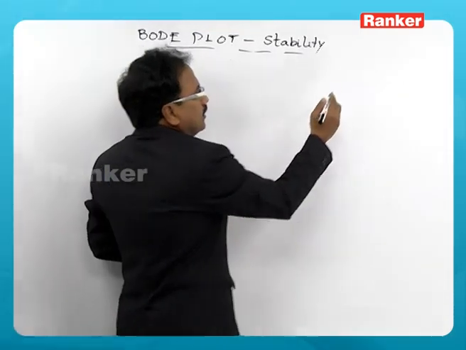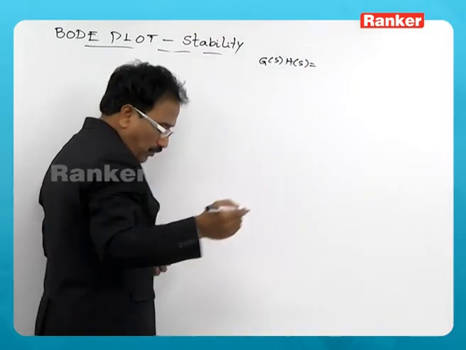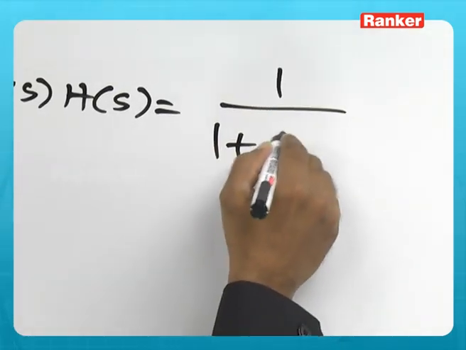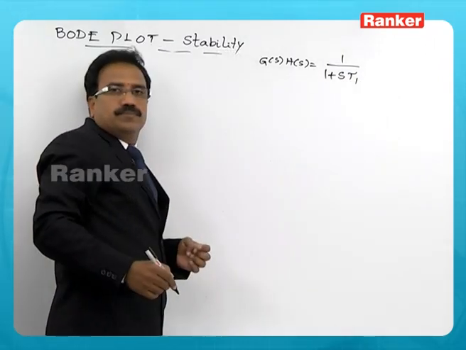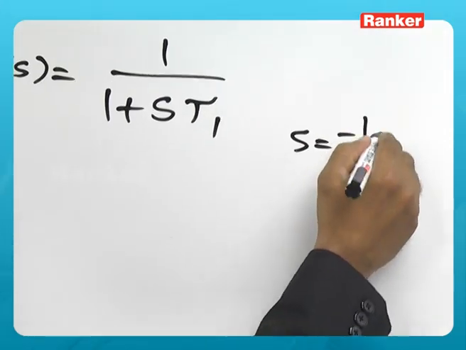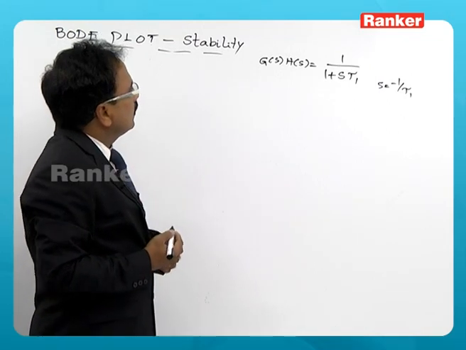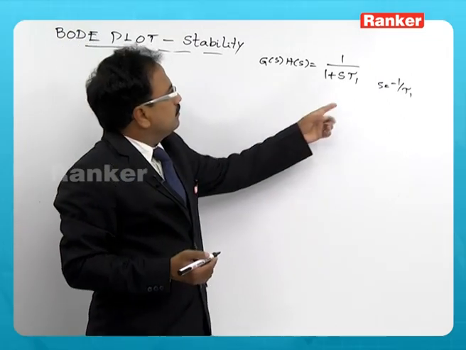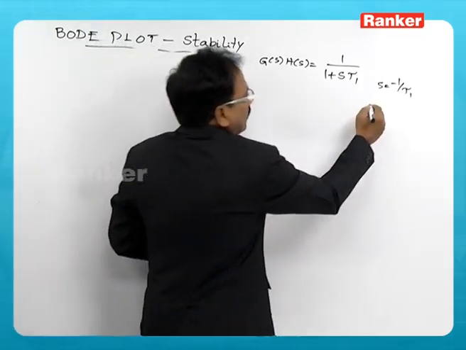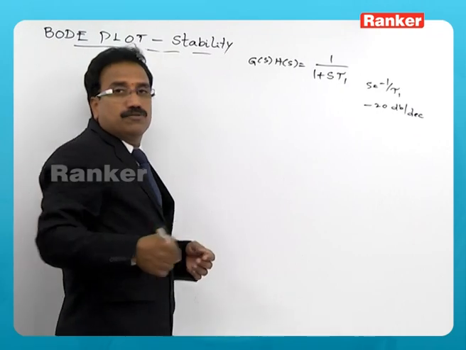Now, let us consider the case of a pole at a non-origin, non-zero location. This is actually called a first order term. So, the pole is at s is equal to minus 1 by tau 1, that is the meaning of first order term. Now, as you know, a term of this kind will also have a slope of minus 20 dB per decade, being a pole, negative slope.